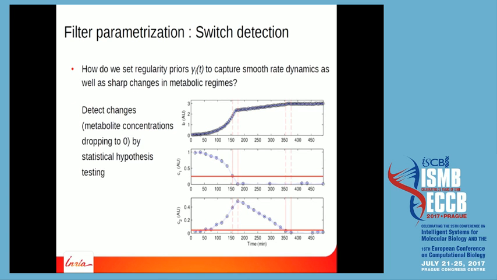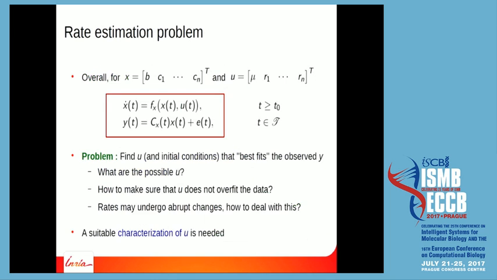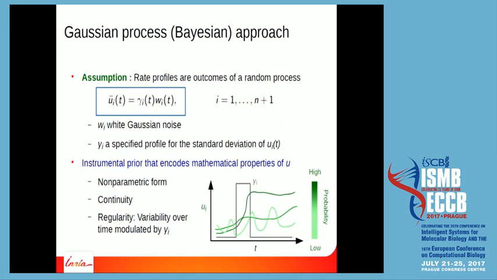So this gamma here is essentially what determines the regularity profile of our unknown rates. If it was constant, you would not be able to capture smooth, abrupt changes. And this is actually what traditional Gaussian process approaches do. This parameter is constant. The key here is to have it time varying.